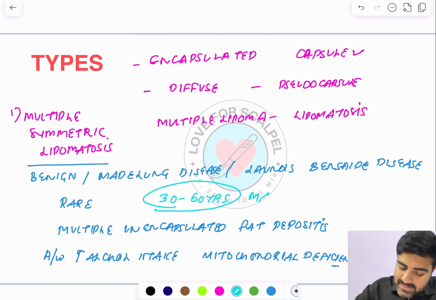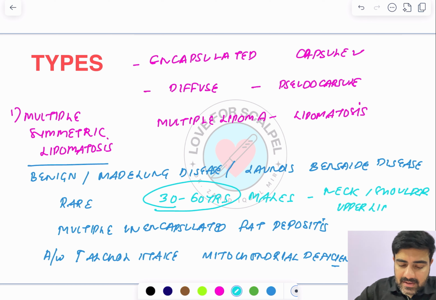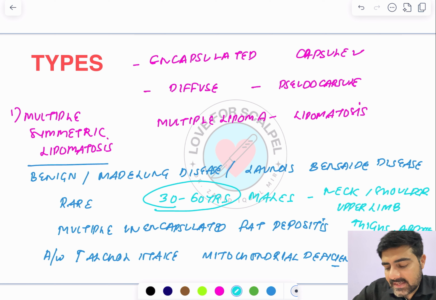The sites are the neck, shoulder and proximal upper limb, and less commonly the thighs and abdomen.